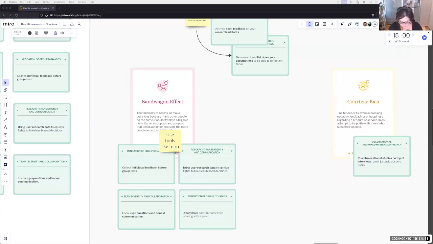So, yeah. And we can also encourage questions and honest communication. It's not so easy, but sometimes we can ask additional questions or ask people who don't say too much in a group, hey, and what do you think? What's your opinion? Why? We were also talking about 5 whys that we can use as a strategy during our research.